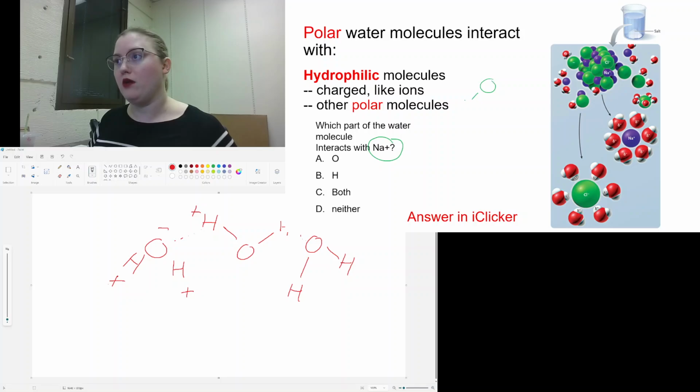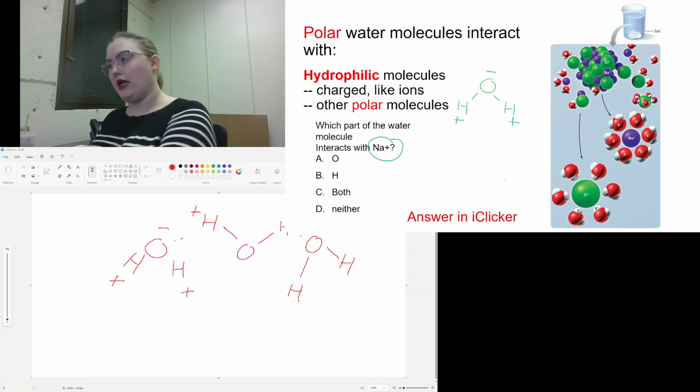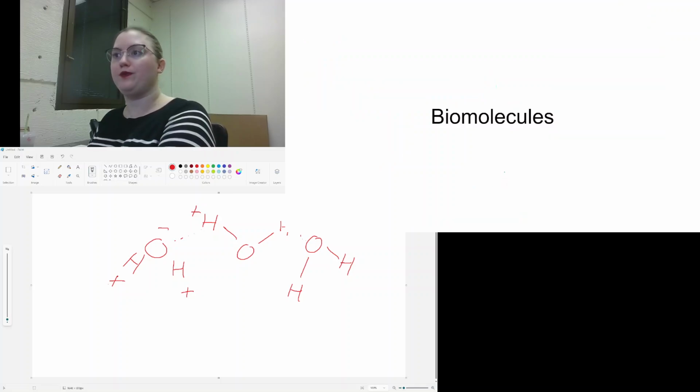So we remember our water molecule. Oxygen is partially negative, hydrogen is partially positive. Which side of this polar molecule wants to hang out with sodium, the positive ion? So go ahead and answer that in iClicker.